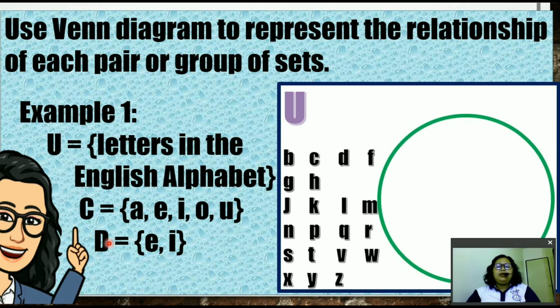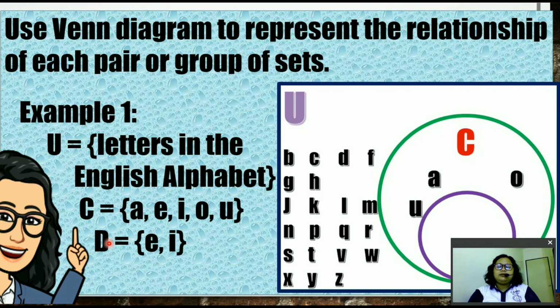Then, we now draw set C, and we name it as set C, but we are just going to write A, O, and U, because E and I can be found in set D. So set D will be where?